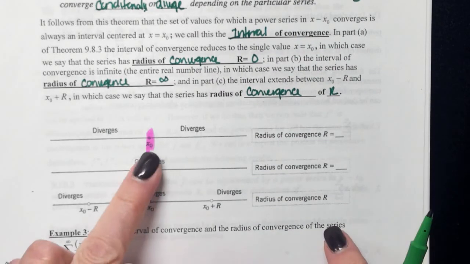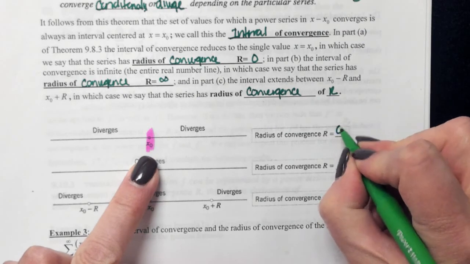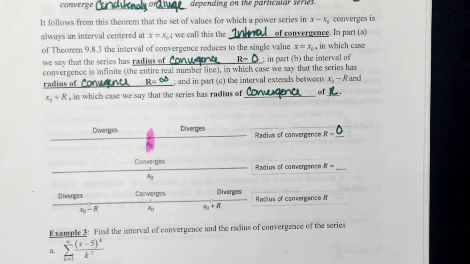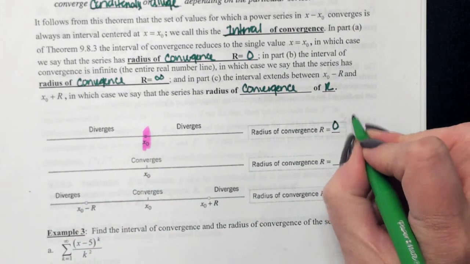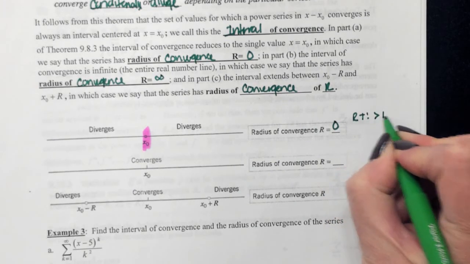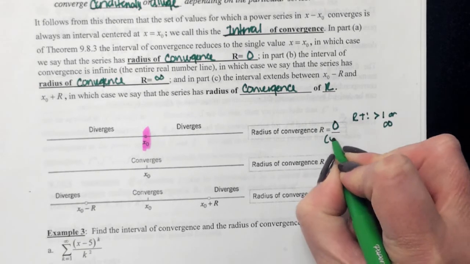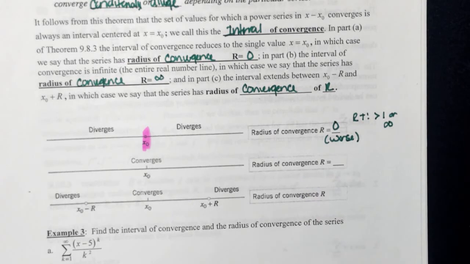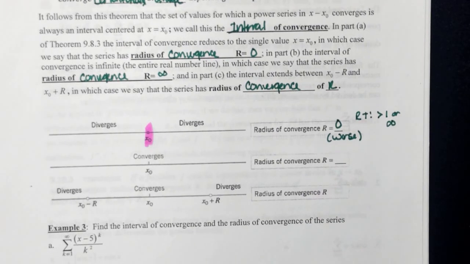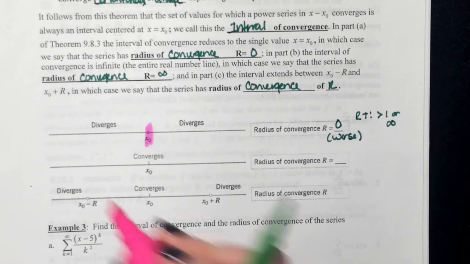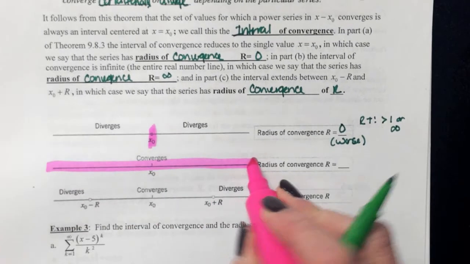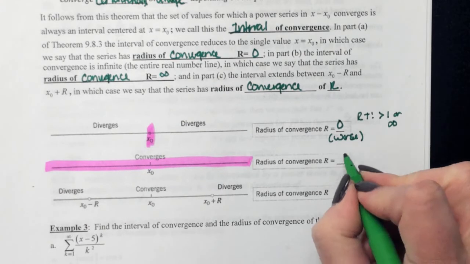So like I said, if you're converging just at the center, we say the radius of convergence is 0. Remember, this happens when the ratio test is greater than 1 or infinity. Again, this is your worst case scenario. If it converges for infinity, we say the radius of convergence is infinity.